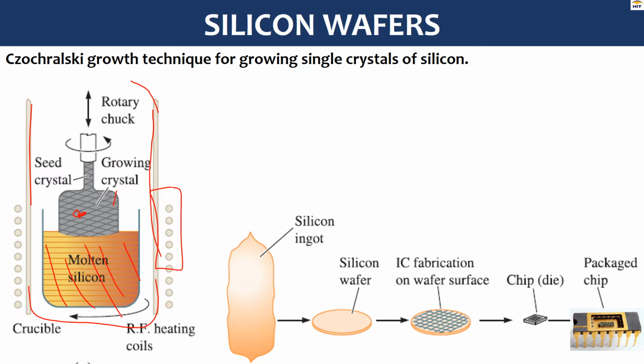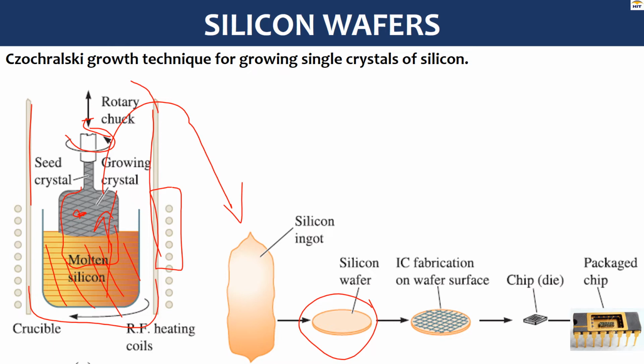So you first insert this seed crystal in this molten bath of silicon, and then you rotate it at a certain speed. When you rotate it, this molten silicon grows on this seed crystal, and then you remove what is called a silicon ingot. Then you can machine it into different shapes depending on the IC fabrication machine.